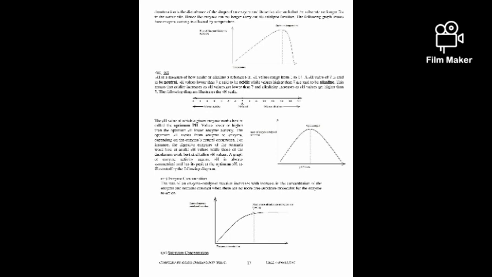When we're talking about denaturation of an enzyme, we talk about an enzyme losing shape, failing to fit. For instance, with a lock and key, a key will not fit in that particular lock. This is just an example of an enzyme that has been denatured. So the enzyme will not fit in that particular substrate. So we need to understand that temperature plays a very, very important role in this case.